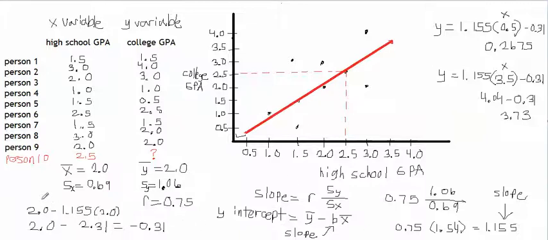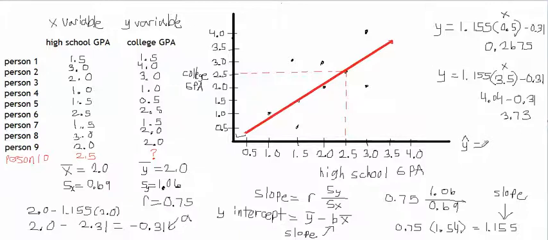So we're going to use, for our y-intercept, the letter A. And now we have an equation. It's going to look like this. Y hat. Sorry about all of the symbols. Y hat is actually predicted Y, not actual Y. So it's the person's predicted college GPA.